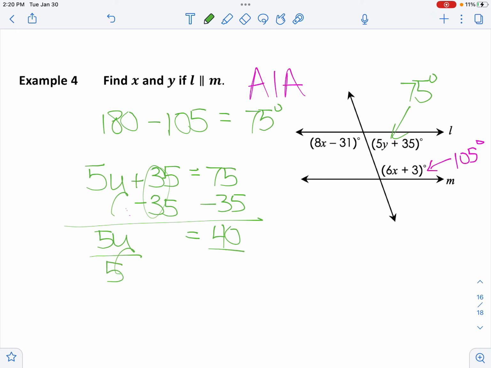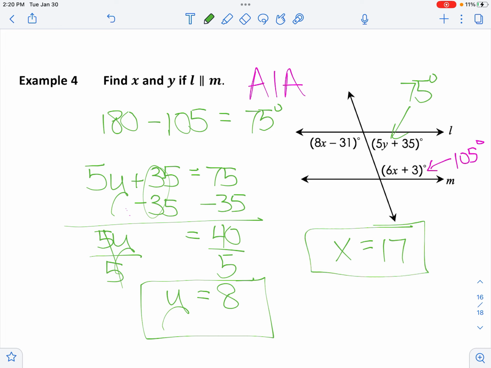Divide by 5. y equals 8. Okay, so I guess I erased the other one. We had that x was equal to 17. I know that x is 17, and then I use that information to get y, which is 8.